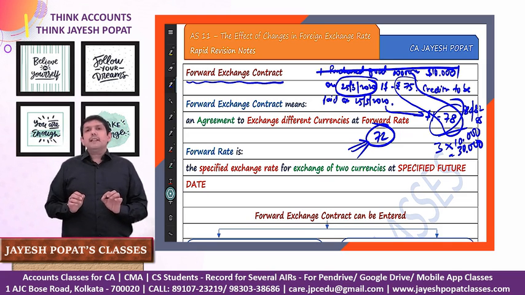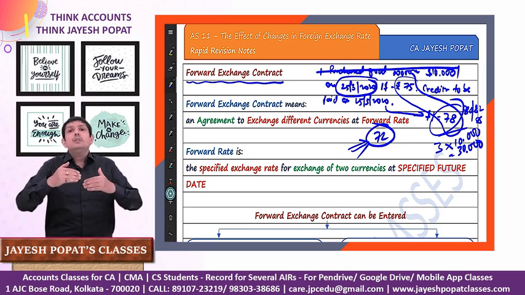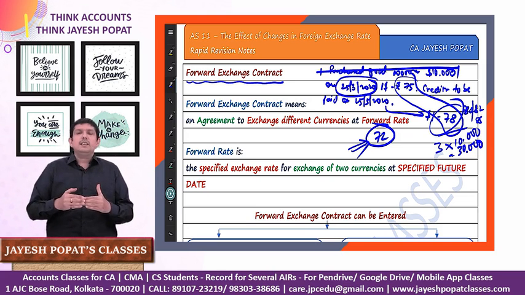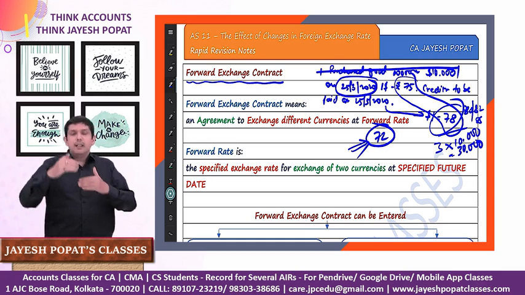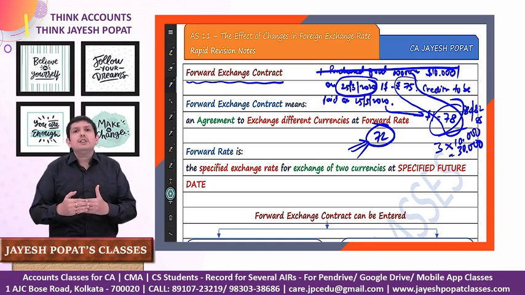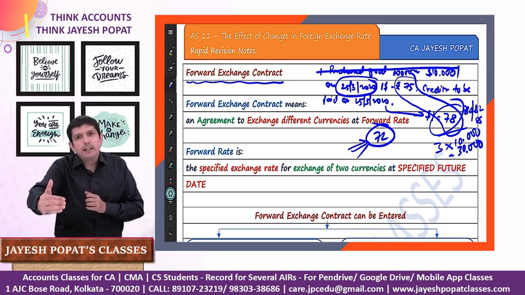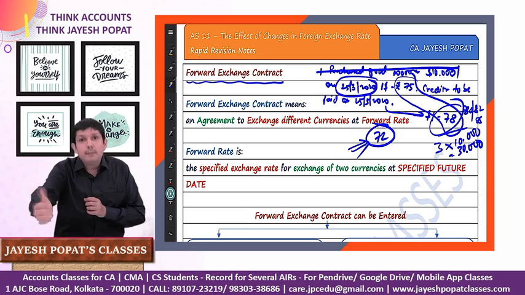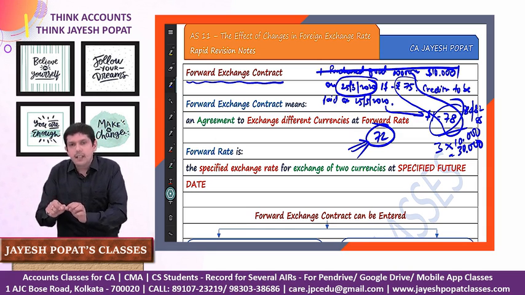So what is a forward exchange contract? It is a contract, or an agreement, to exchange two currencies at a future date but at a specified rate. Because I am exchanging $10,000 with INR at a future date, which is 25th of May 2020, but at a specified rate, which is $1 equal to 78.